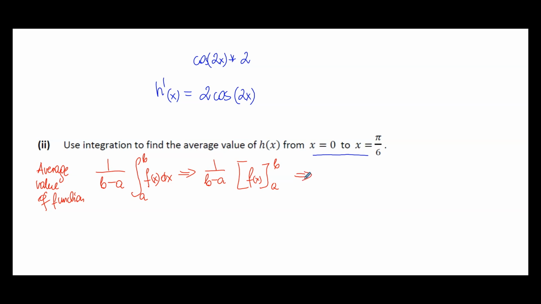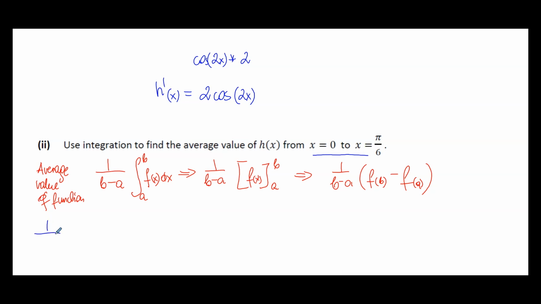And then in the next part, we're going to find the value now that we have the original function. So we take our original function, we replace x with the higher interval, minus we take again our function, and we replace x with the lower interval. And that's how we find the value. Okay, so let's apply that here.